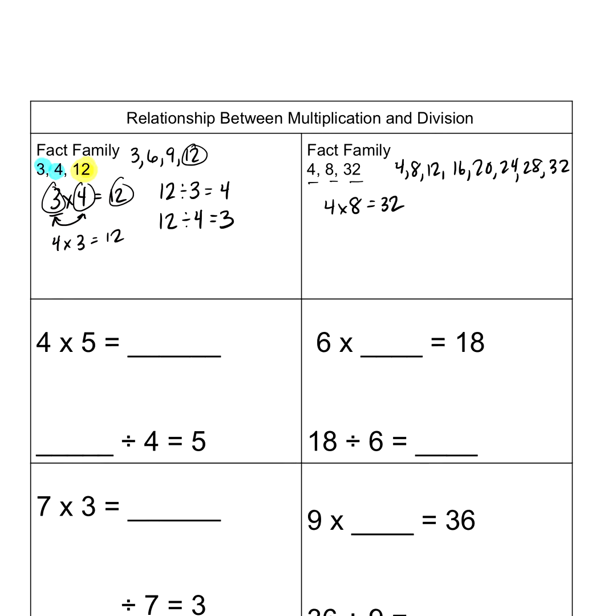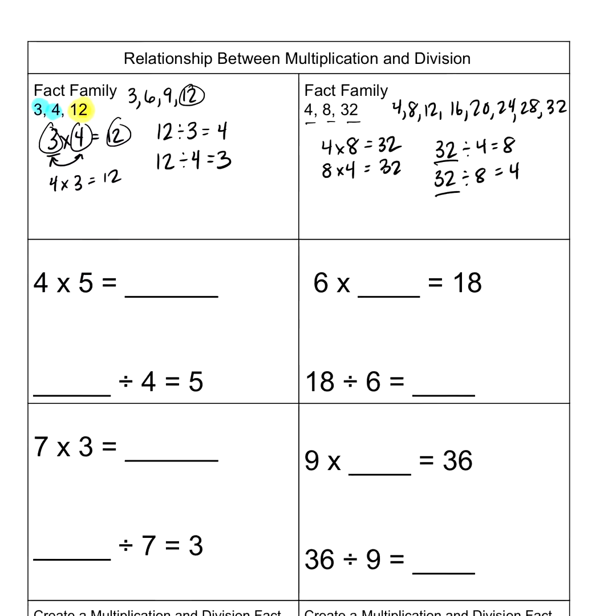The turnaround factor using the commutative property is going to be what? 8 times 4 equals 32. For our division facts, we're doing 32 divided by 4 equals 8, and then still 32 divided by 8 equals 4. Keep the biggest number in the division, and that's your dividend. It stays in the same spot.